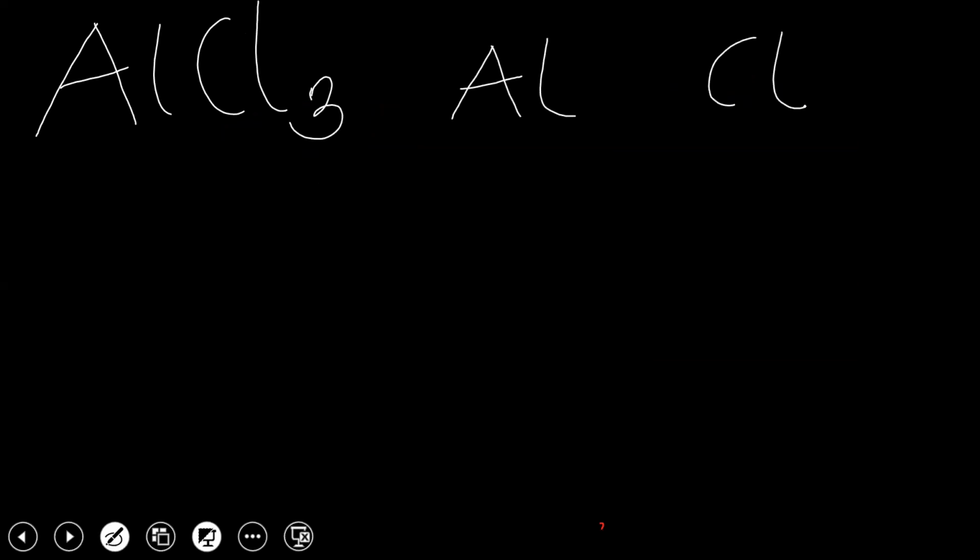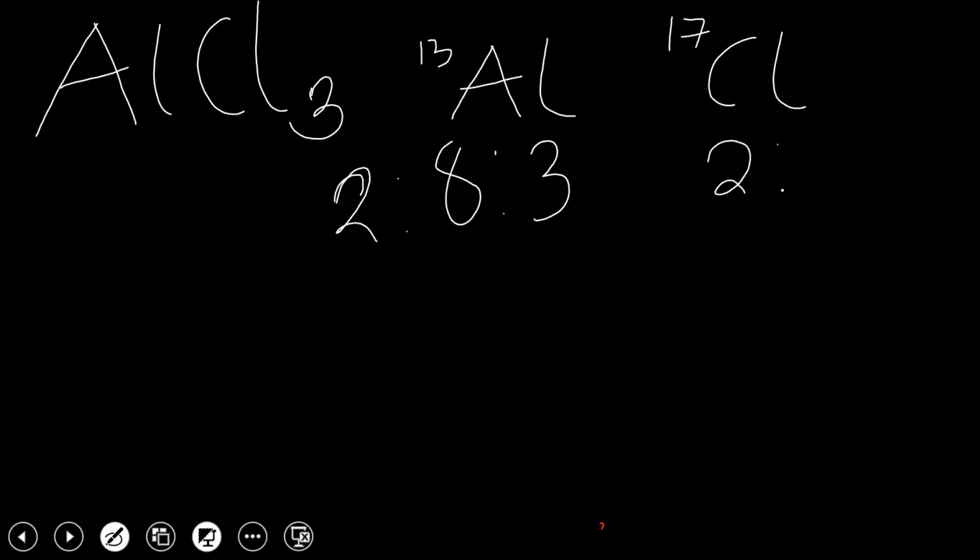Aluminium has an atomic number of 13, and chlorine has an atomic number of 17. When you write the electron configuration, aluminium is going to be 2, 8, 3, and chlorine is going to be 2, 8, 7.